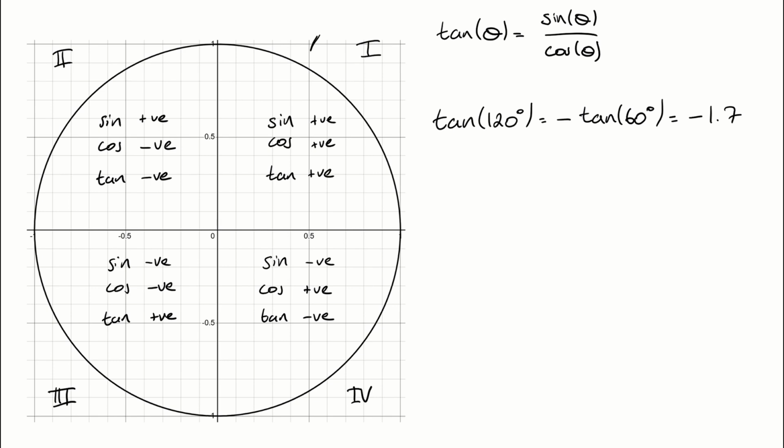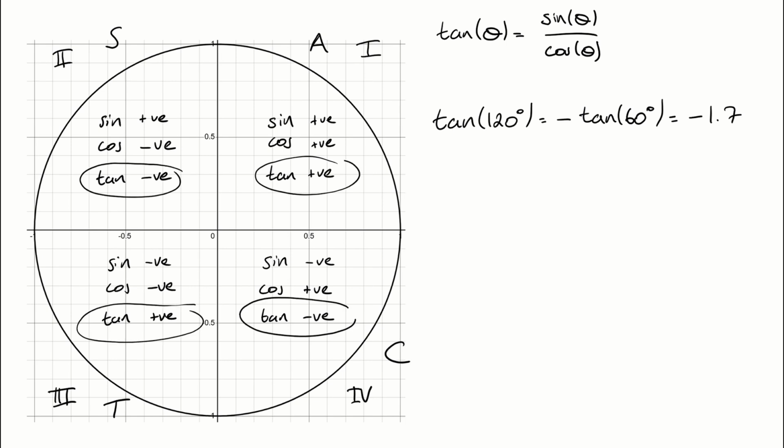All of our things are positive in this space. Only the sine is positive in this space. Only the tangent is positive in this space. And only our cosine is positive in this space. So A, S, T, C. And that helps us remember, especially for our tangent, where our tangent is going to be positive and negative. So tangent is positive here, and tangent is negative here and here.